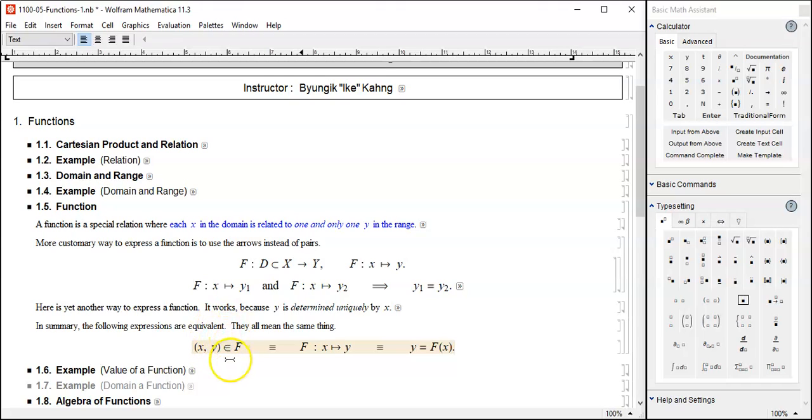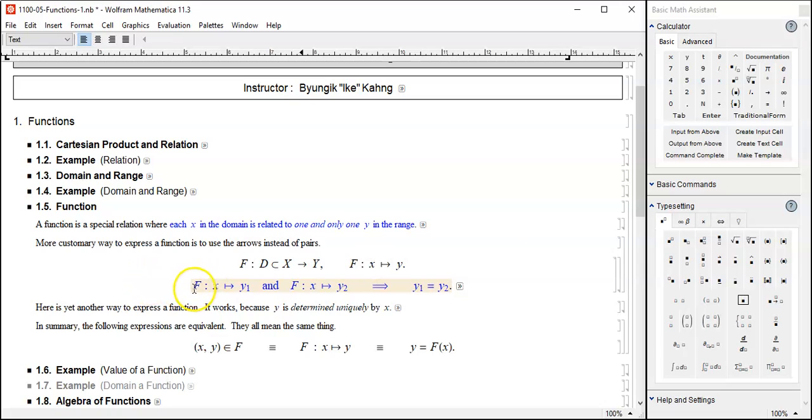So you can use relation notation, but function is a little special, and this is for all relation. And then if you use the arrow notation, the blue phrase over there can be rewritten like this. f assigns x to y1 and also x is being assigned to y2.